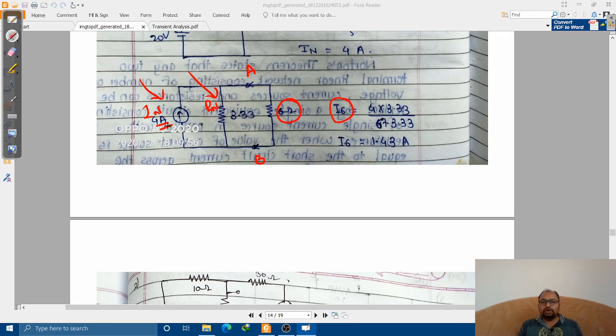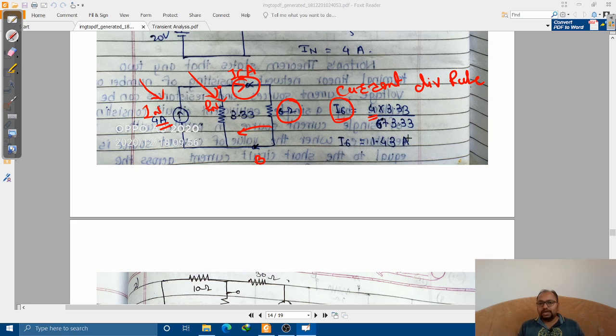So ultimately this is your current source. This current is going to enter up to this point and then it is going to get split, and we are interested to find the current flowing through the 6 ohm resistor, that is I6. Therefore let us use the current division rule. Using the current division rule, the total supplied current is multiplied by the opposite branch resistor divided by the total resistance present in this current dividing network.